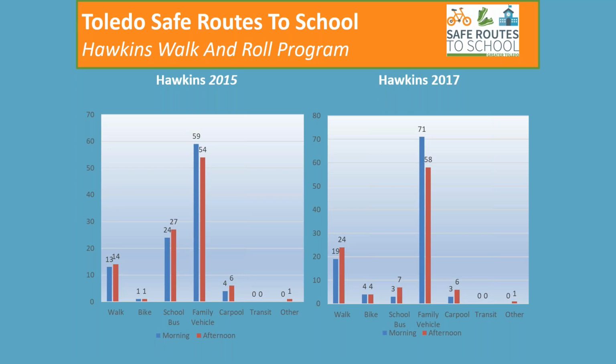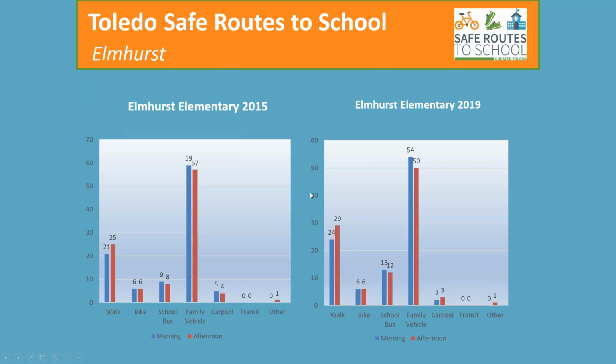So you can see that after implementing Walk and Roll Wednesday, we increased the walking and biking of students by about 4% and, sorry, I've got to do my math in my head really quick, about 9% in the afternoon. We always have more kids that walk home in the afternoon. So that's just a little data that we have collected for that.